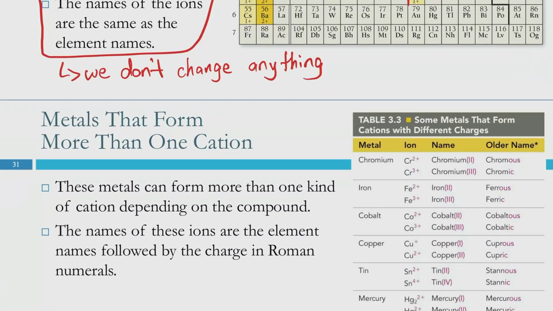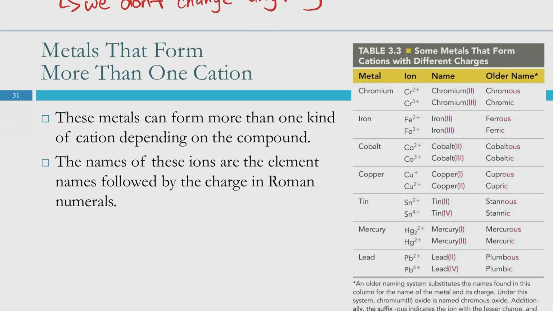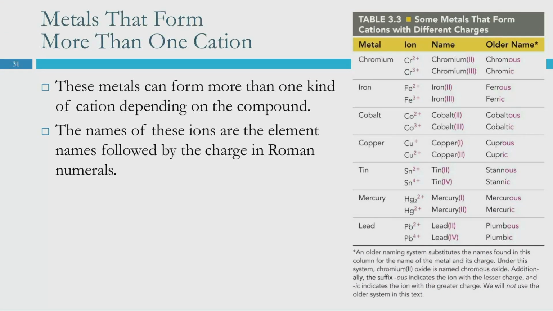We also have metals that form more than one cation, which includes these ones in this table, but is basically all of our transition metals. So everything, not including scandium, from scandium over to zinc, not including zinc and silver and scandium.